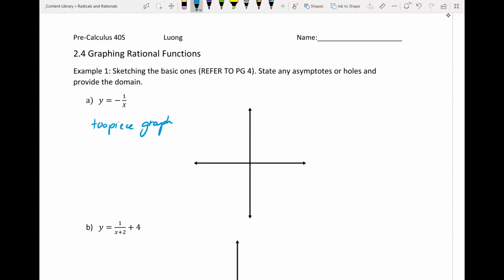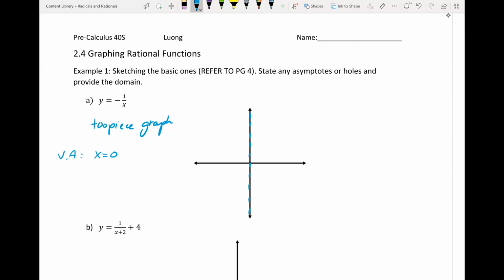Let's take a look at our asymptotes. If x was 0, we're going to have a problem because our denominator cannot be 0. So that means we're going to have a vertical asymptote, a VA, at x equals 0. And you can draw it in. I know it might be a little hard to draw it in when you already have a black line and you're trying to draw it with a pencil, but do your best to show that there is an asymptote there.